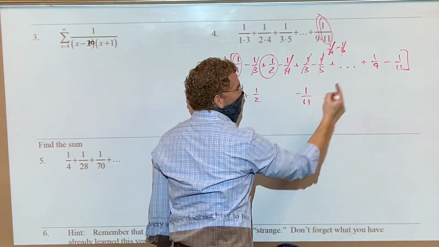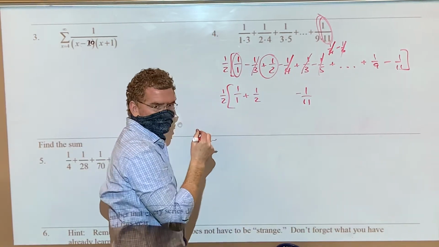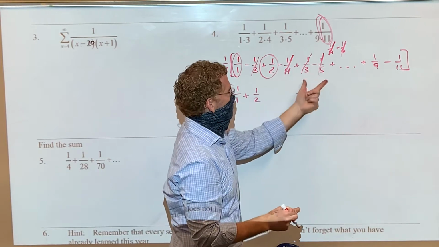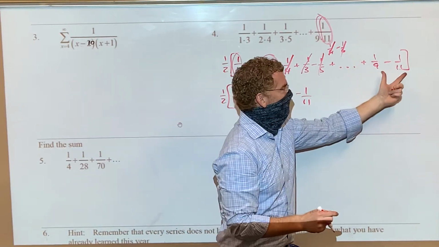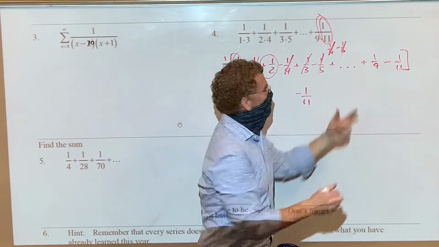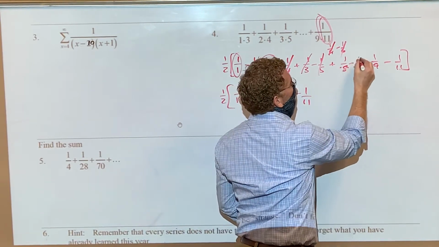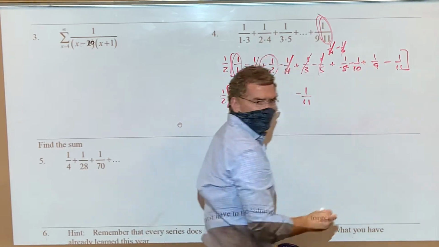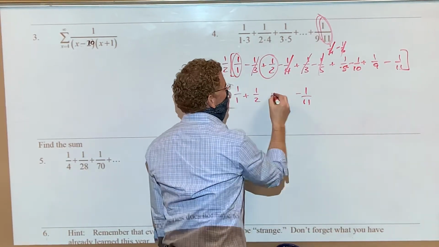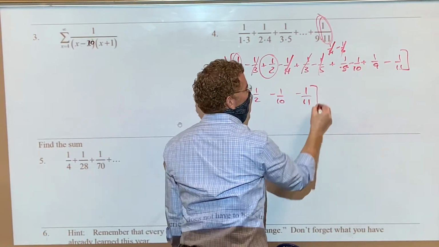What is the one that would have been right before that? Now think about it. You're going 1, 3, 2, 4, 3, 5. So 9, 11, what would have come before that? 8, 10. So you would have had 1/8 minus 1/10. Are you seeing that? Yes, no? So grab the negative 1/10 and the negative 1/11.